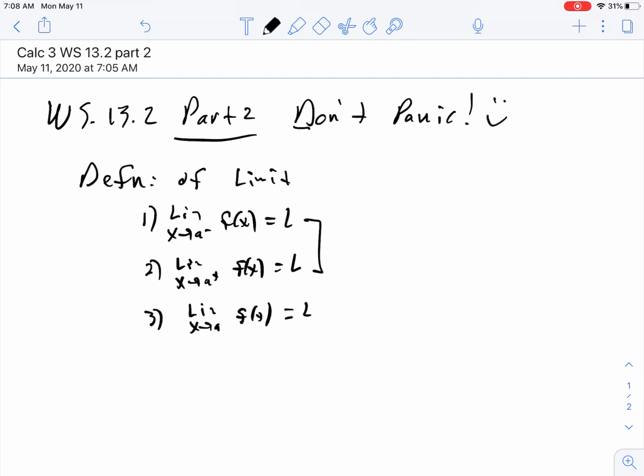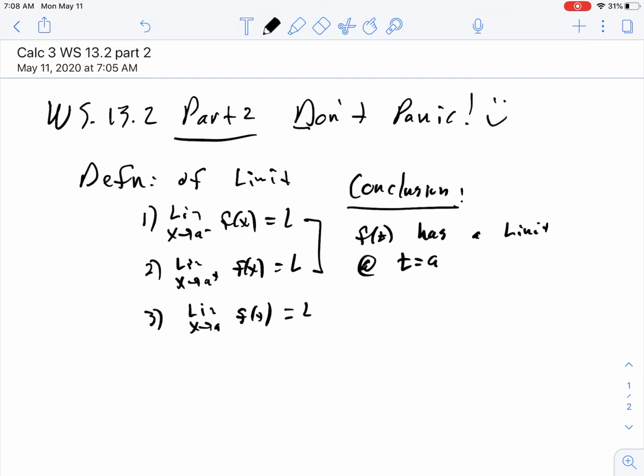So if the left and right are the same thing, that means you have a limit of L. And therefore we did a conclusion that, if those three things are true, then f of t has a limit at t equals a. Okay?